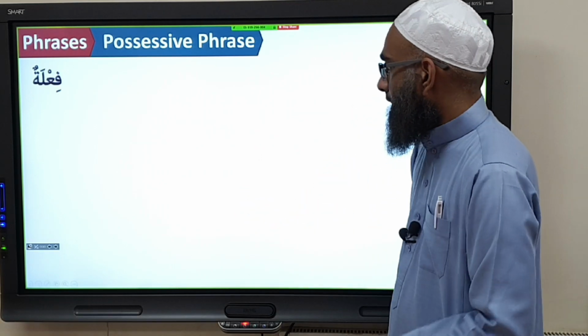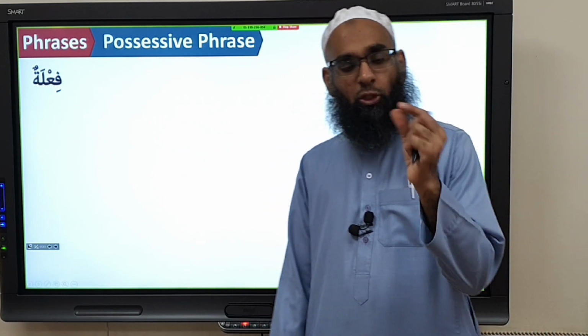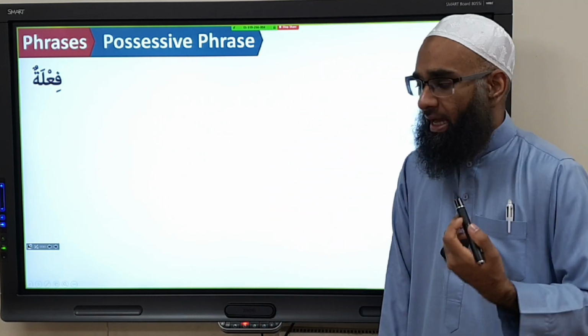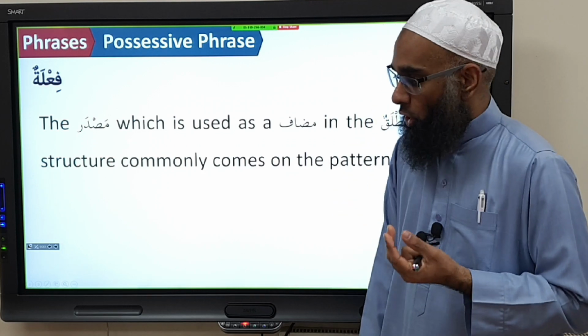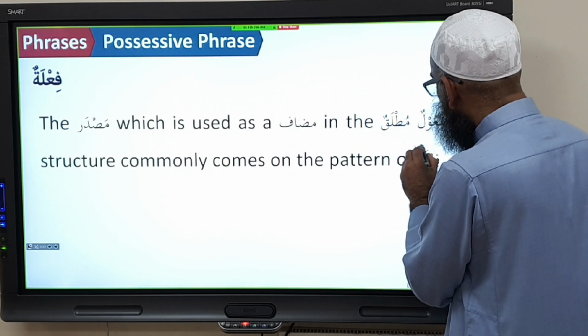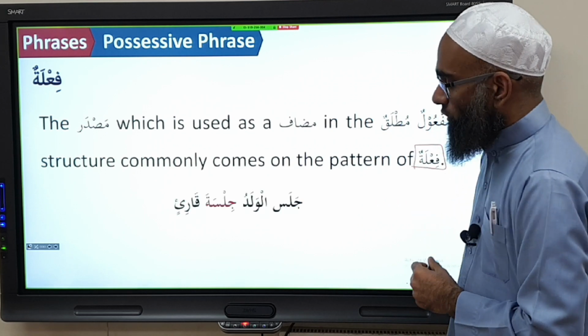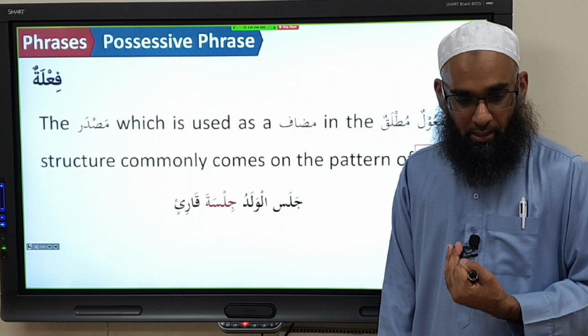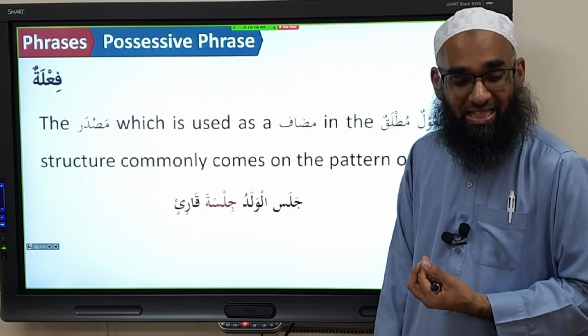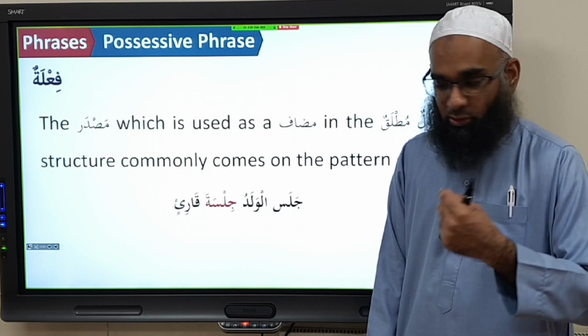Okay? And one final note before we go, that many times when you have a masdar as a mudaf mudaf ilay, you can bring it as fi'la. You can change the pattern of the masdar to fi'la. So for example, jalasa yajlisu, when you do it in sarf, the masdar is julusan. But what you can do is change julus to jilsa, the fi'la pattern.